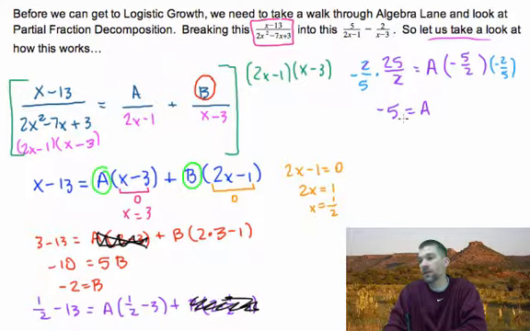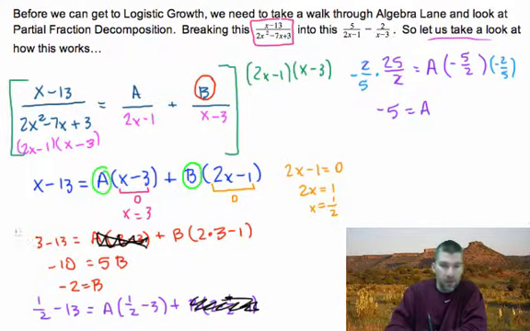So this problem would have b equaling negative 2 and a equaling 5. Alright, so how does that work?